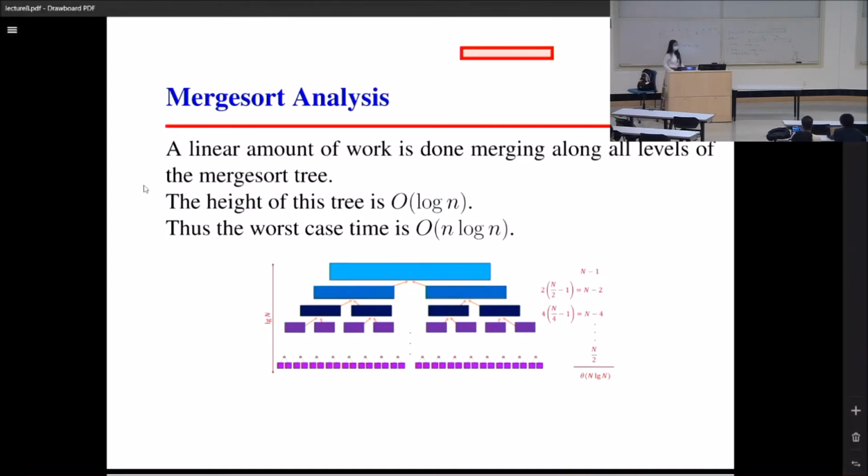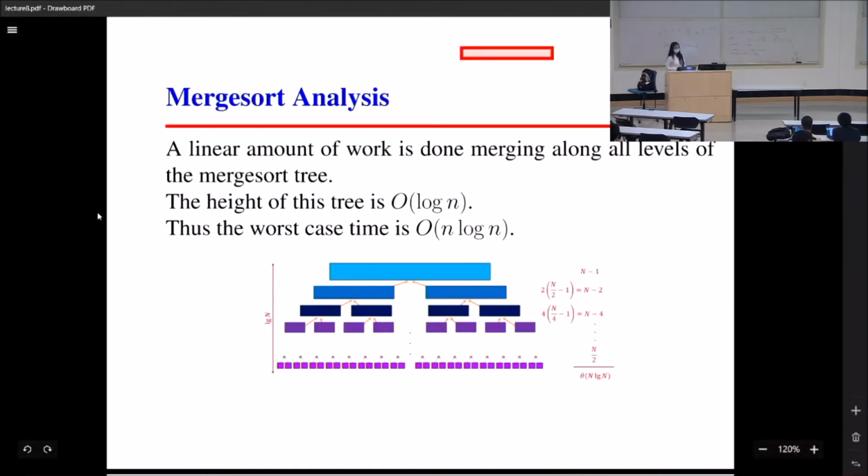So in that case, we need to perform n minus 1 comparisons. Hence, at the second level, we have two subproblems, and each problem has n divided by 2 elements. The total work will be twice of one subproblem's work, which is n divided by 2 minus 1. And by calculating the sum, it will be n minus 2. And also we can see that for the third level, for the same reason, it will be n minus 4.